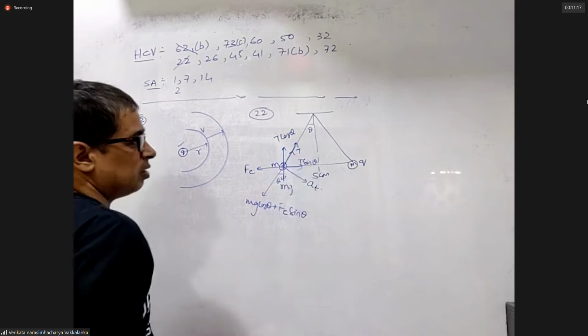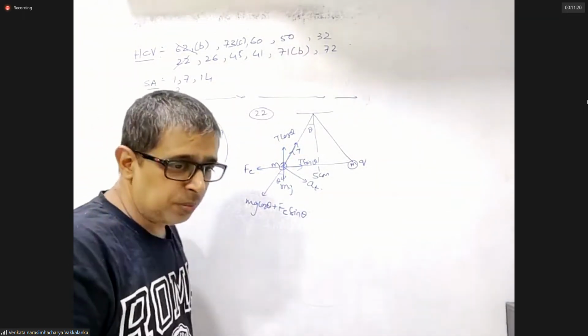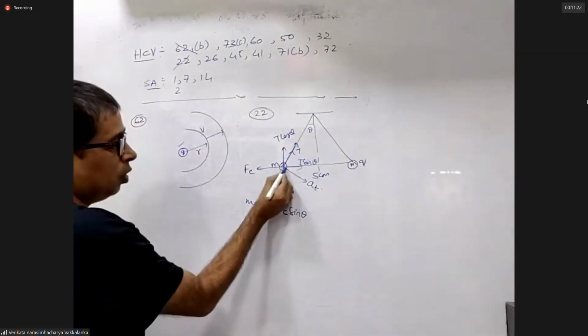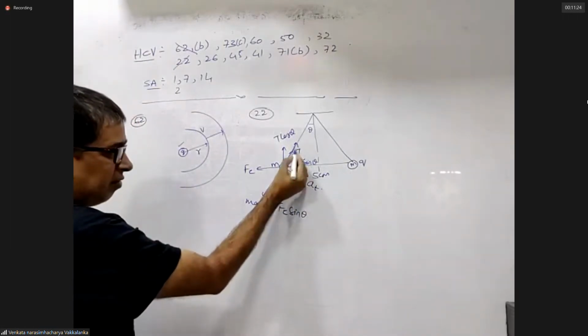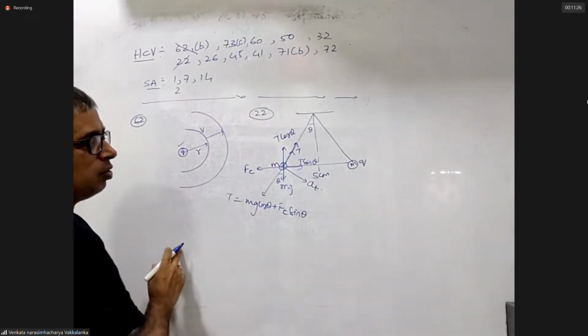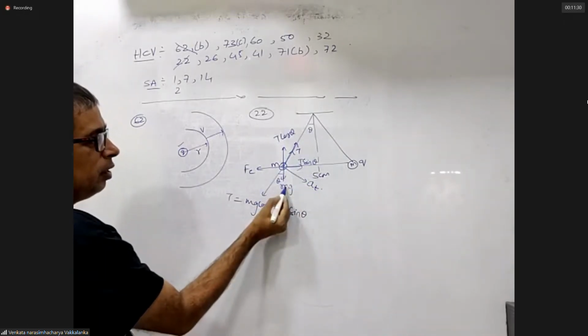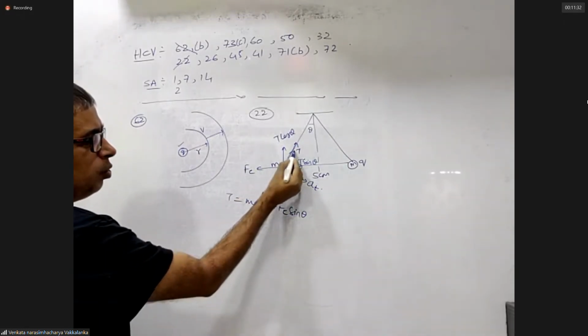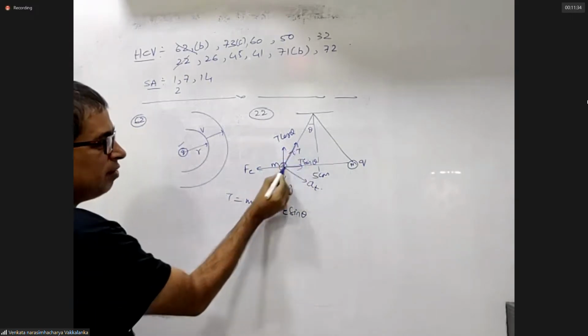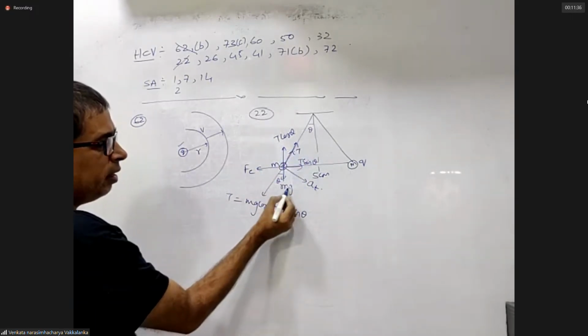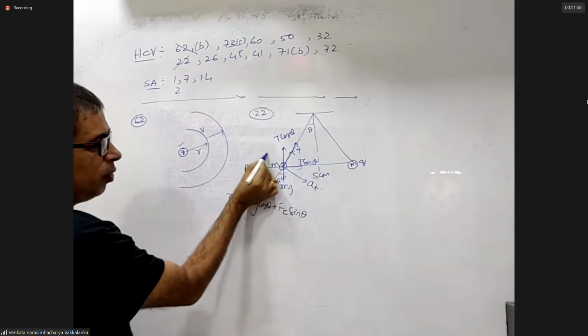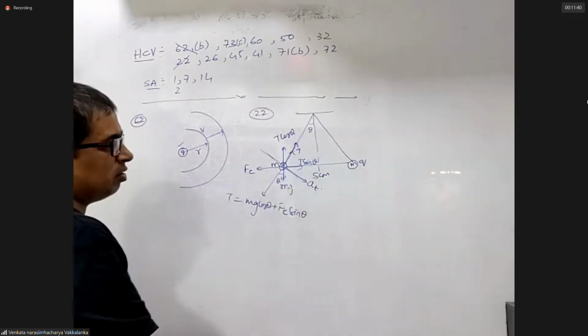Centripetal acceleration will be 0 because the velocity is 0. So from that, I will get the value of T. T is equal to this. Now, tangential acceleration you can calculate. You know mg, you know Fe, you know T. T will not contribute to AT, but the component of mg and the component of Fe will contribute in this direction.